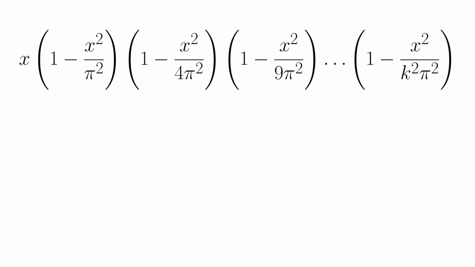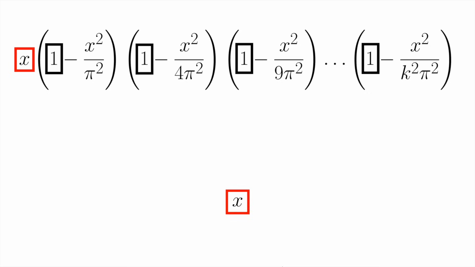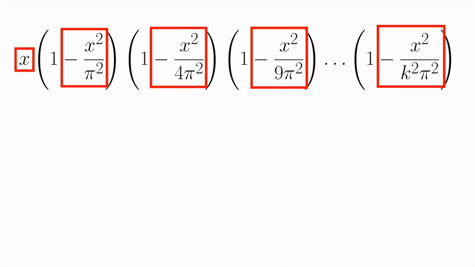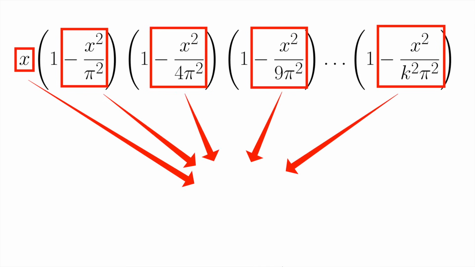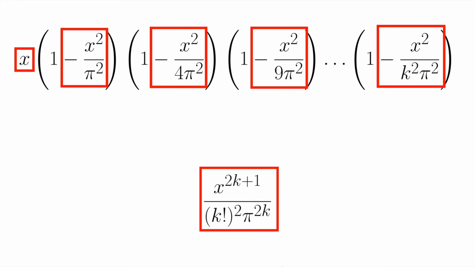So, for example, I could choose this x, and then I could choose the first one in each of these binomials, and I could multiply all of those together, and that would give me an x. Or I could choose the last term in each of these binomials, and then that would give me x to the 2k plus 1 divided by k factorial squared times pi to the 2k.